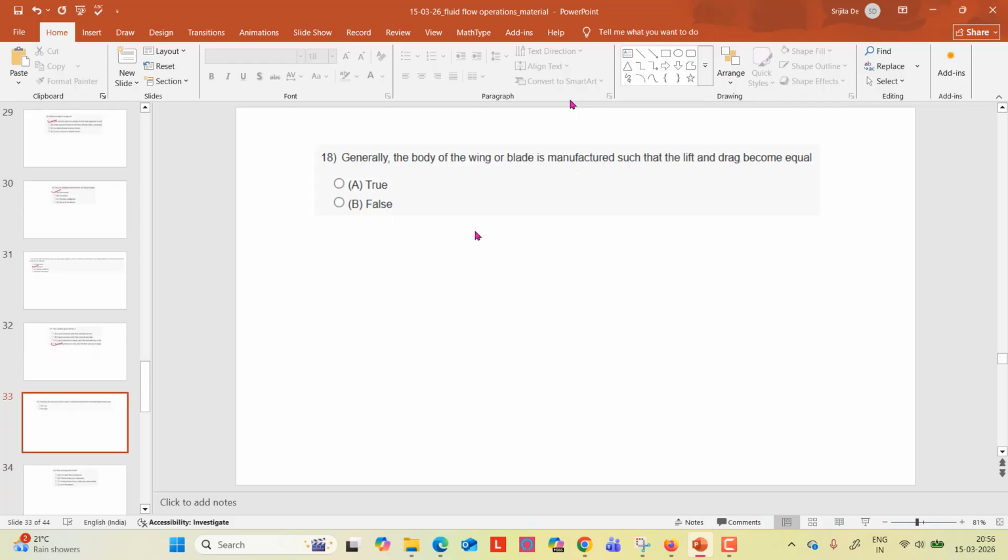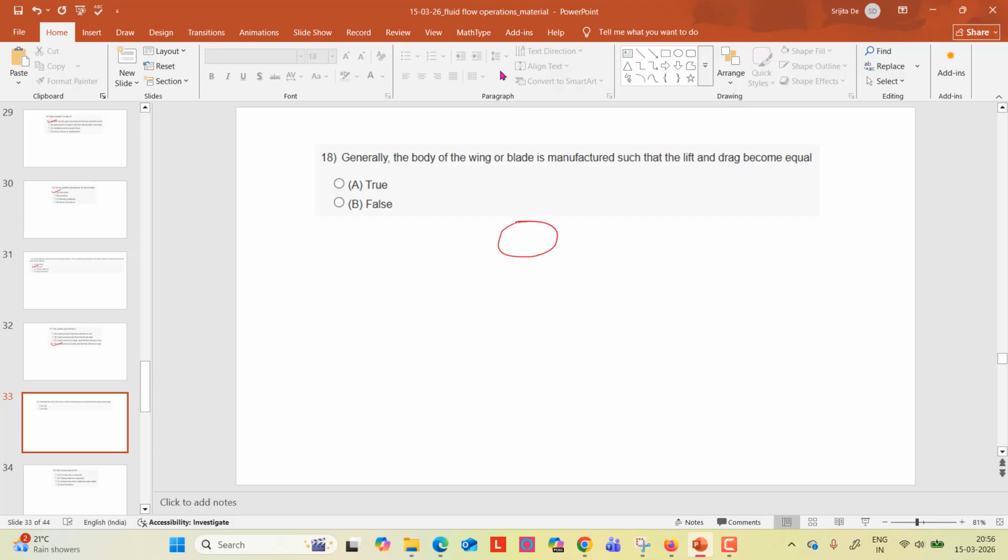Generally, the body of the wing or blade is manufactured such that the lift and drag become equal. No, when the body lift and drag are equal, that means it is the case of a sphere.